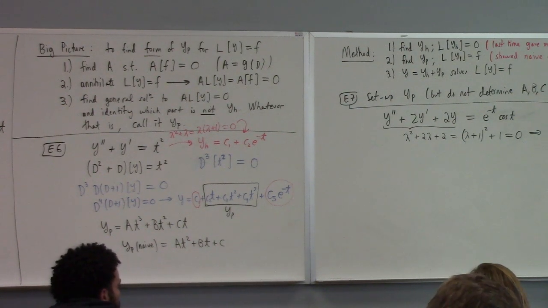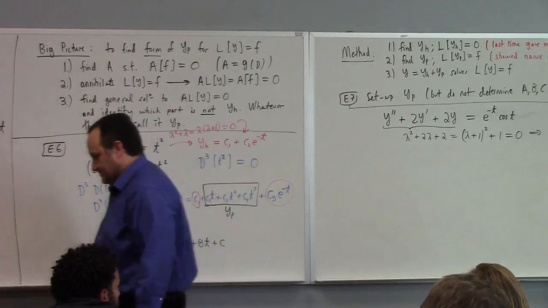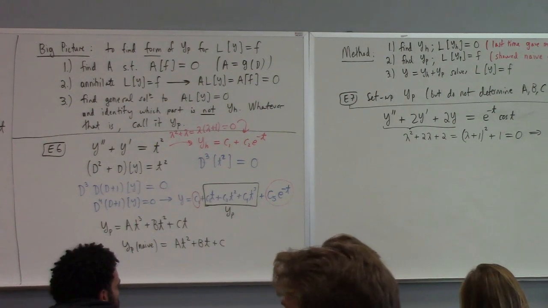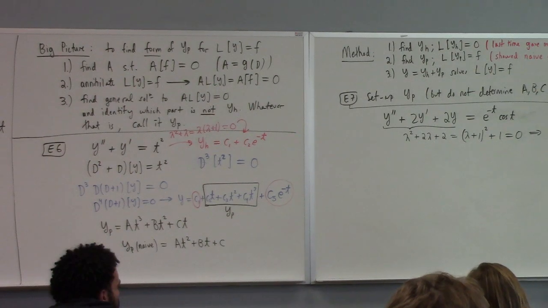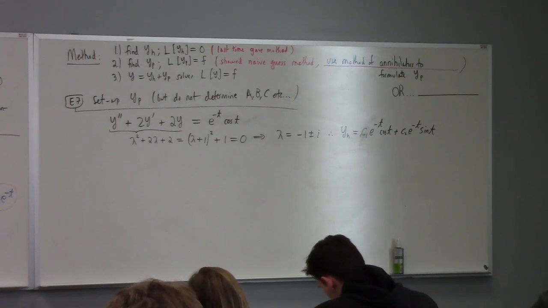At this point you should realize, uh-oh, we're in for trouble. Why? What do you see in the homogeneous solution? I see e to the minus t cosine t. What is the forcing function? e to the minus t cosine t. So they overlap.